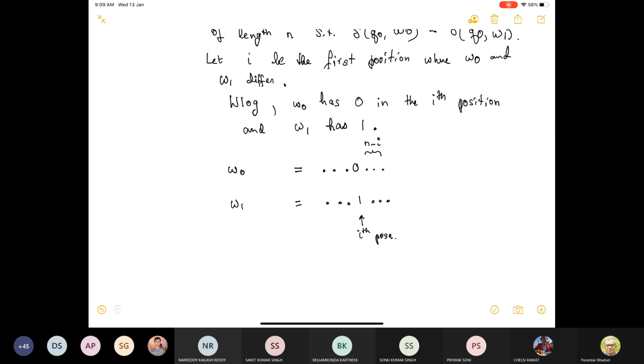So what I'm going to do is append something at the end of both these strings, so that one of them belongs to Ln and the other does not belong to Ln. Okay, remember Ln is the set of strings that have 1 in the nth character from the end, or the nth bit from the end, right? So I have n minus I bits after the 0 and after this 1.